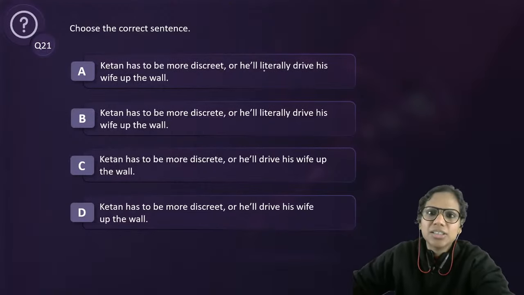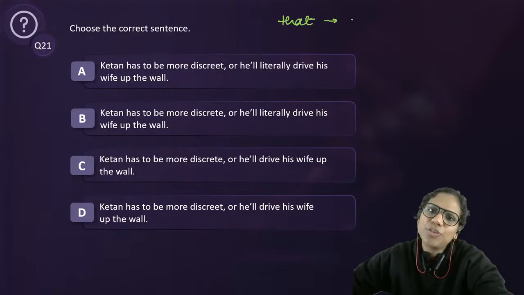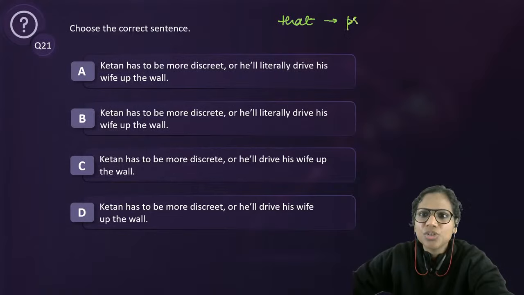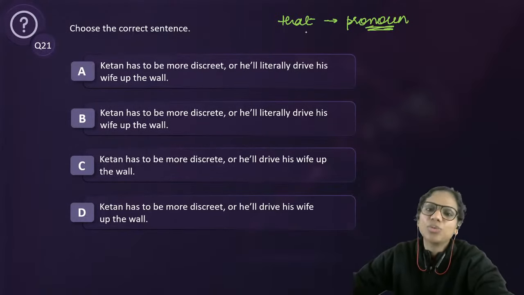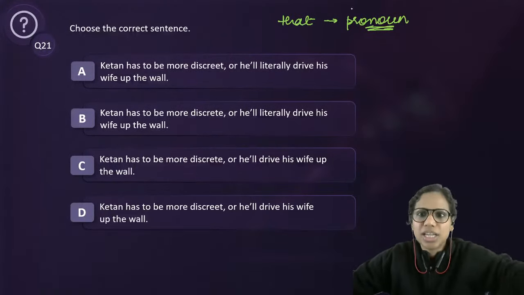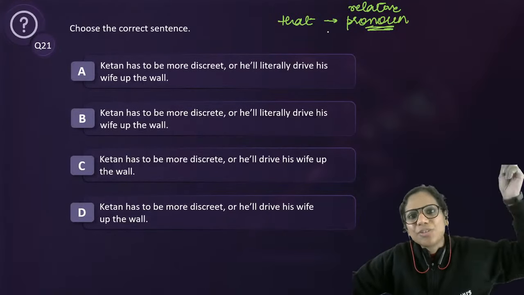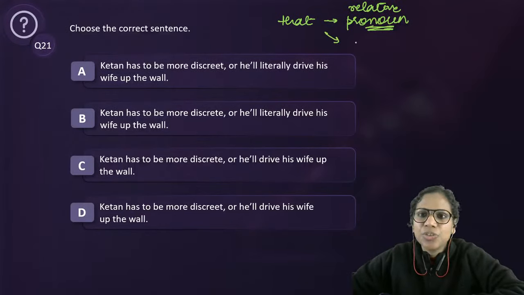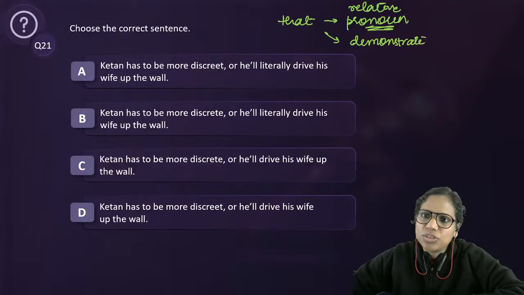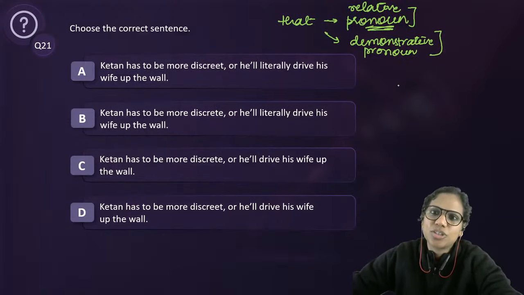So see that here has been used as a pronoun. That functions as a relative pronoun, right? That can function as a relative pronoun. That can function as a demonstrative pronoun. So if you go into the depth of pronouns, there are various types. Basically here it functioned as a pronoun. It referred to the success, right? So these are its functions.